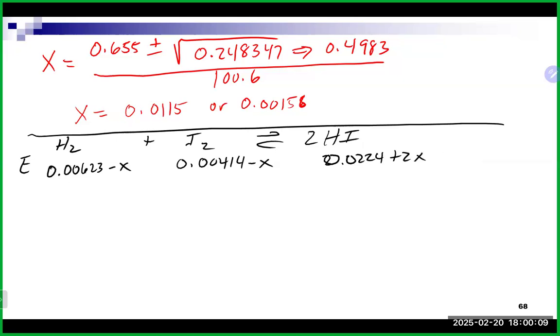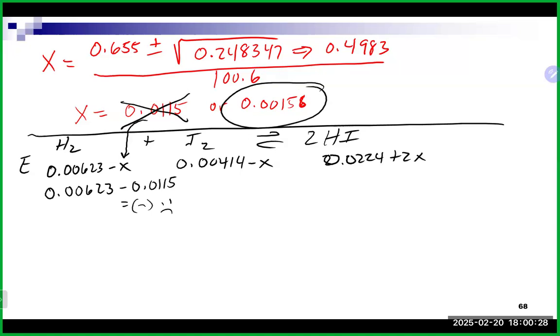If we took this number, for example, and put it in there, 0.00623 minus 0.0115 should give you a negative number, which is not so good. So that is too big, which should hopefully mean this one is okay. So we're going to go with this one.